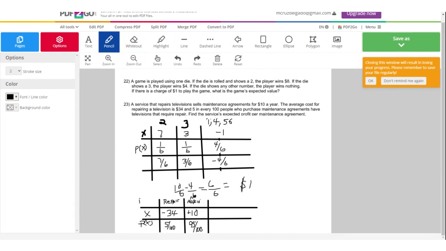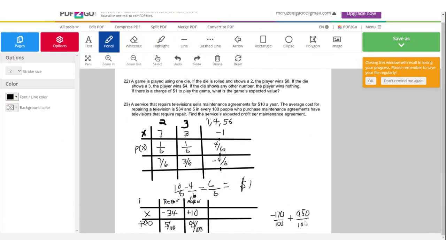So that's negative 170 over 100 plus 950 over 100.